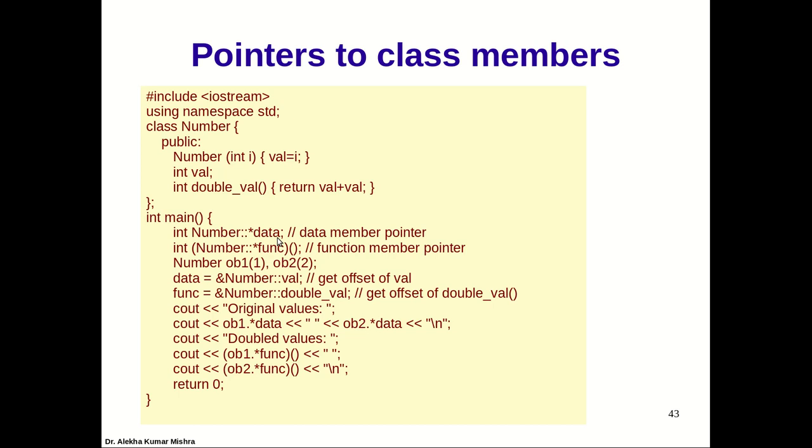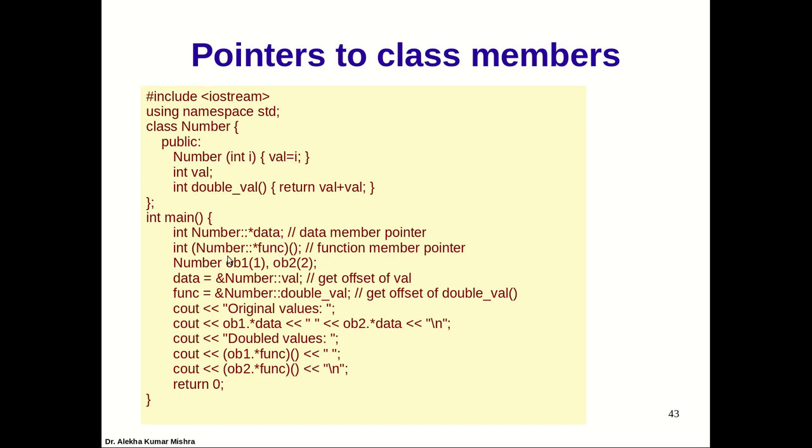Now we are explicitly saying that it's not a generic pointer that will hold the address of any integer. Rather, it will hold the address of the integer which is a member of the class number. So by writing number scope resolution operator star data, we are telling the compiler that this is a pointer to one of the data members of the class number.